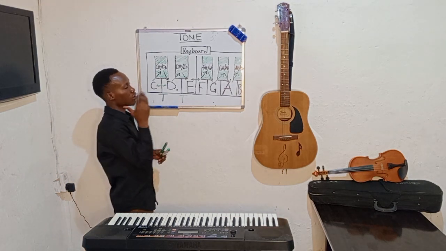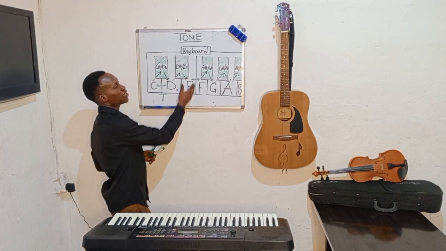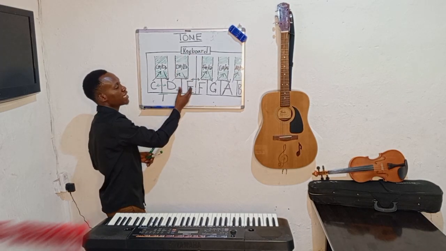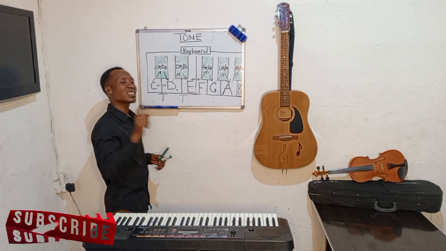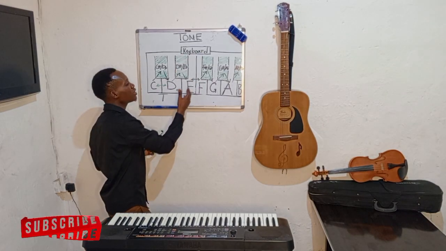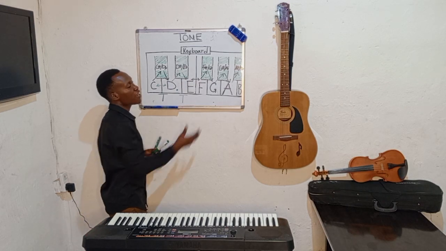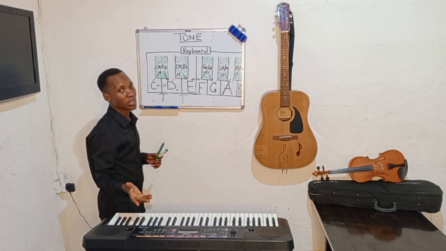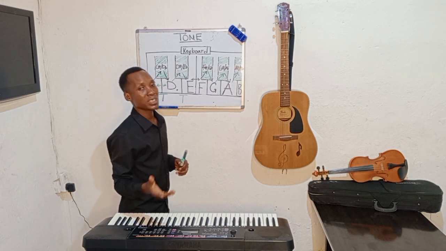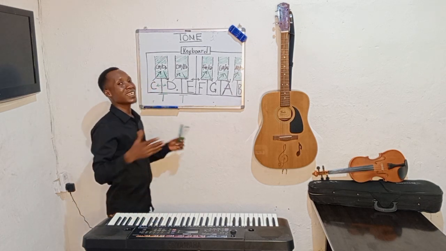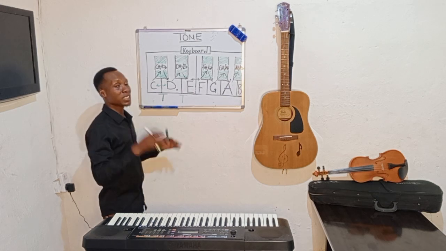Now if you look at the keyboard, you see that there is no black key between E and F. Since there is no black key between E and F, that means the distance between E and F is just a semitone. That is how music is on a piano or any instrument, talking about a major scale.